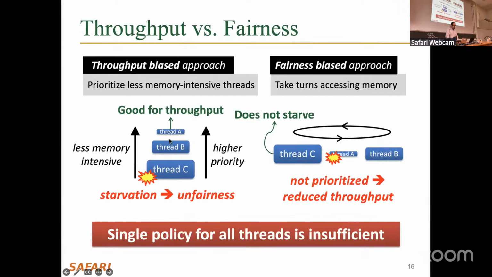Professor Mutlu usually uses this analogy, which is interesting, so I can also mention it here. He says mice for threads like thread A, and elephants for thread C and B. Essentially, in techniques like this, each mouse and elephant takes turns, for example, to go out of their door. An elephant can stomp on the mice, and then we're going to have an issue.